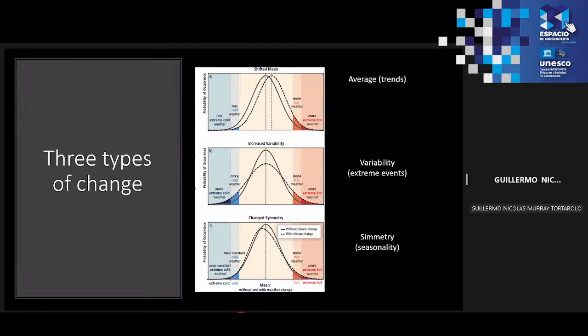And the last one is that we have the same variability and the same average, but we're seeing a change in the symmetry of the climate. For example, precipitation, instead of falling during the rainy season starting in May in Mexico, is starting in June or July. And these all have different impacts on our food producing systems.